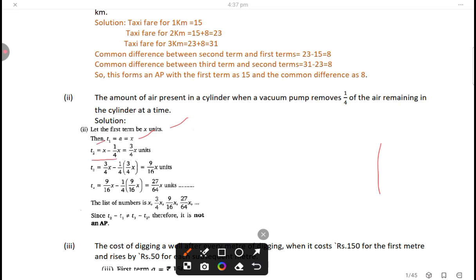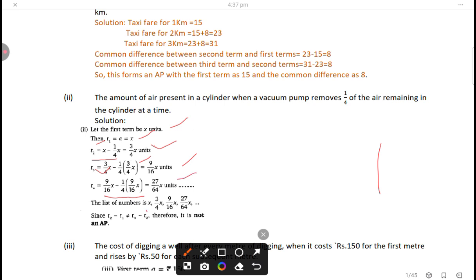So x minus 1/4x, you will get 3/4x. From 3/4x, you remove 1/4 of 3/4x. It will become 9x by 16. Then 9x by 16 minus 1/4 of 9x by 16, it will become 27x by 64.